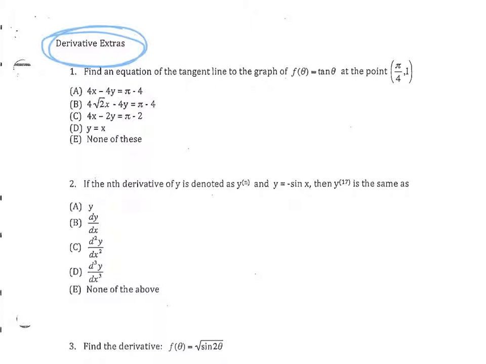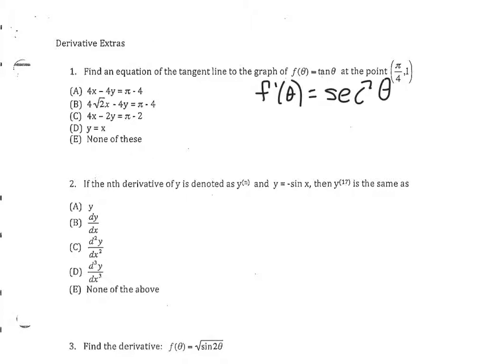First one there, number 1, find the equation of the tangent line at a particular point. We know the concept here, where you just have to find the first derivative and plug in that point. The first derivative of tangent theta is going to be secant squared theta.